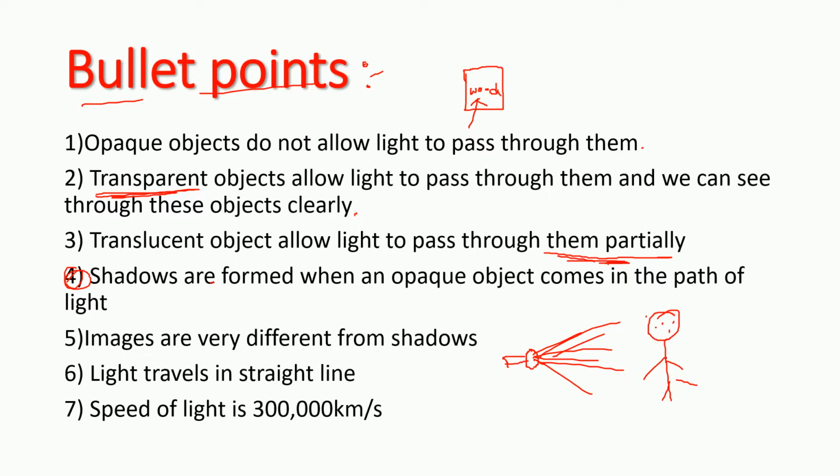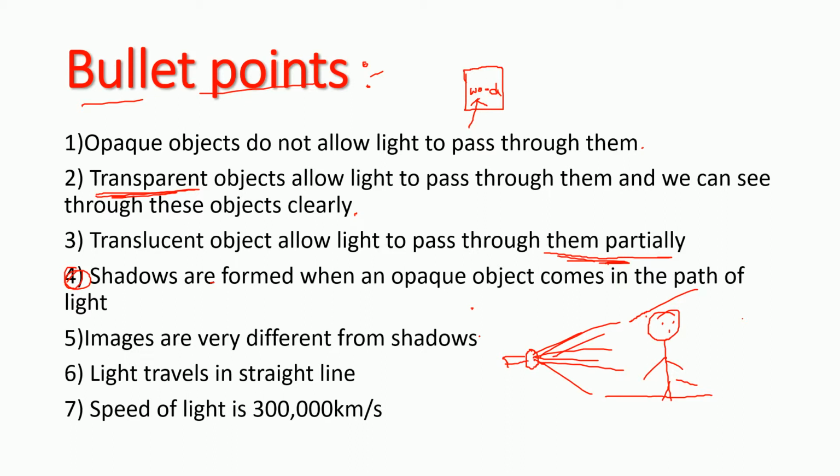When the light reaches the person, the opaque body won't allow the light to pass through, but the light flows on around the body. In this way we can see the shadow of a person on the other side. This is how shadows form.